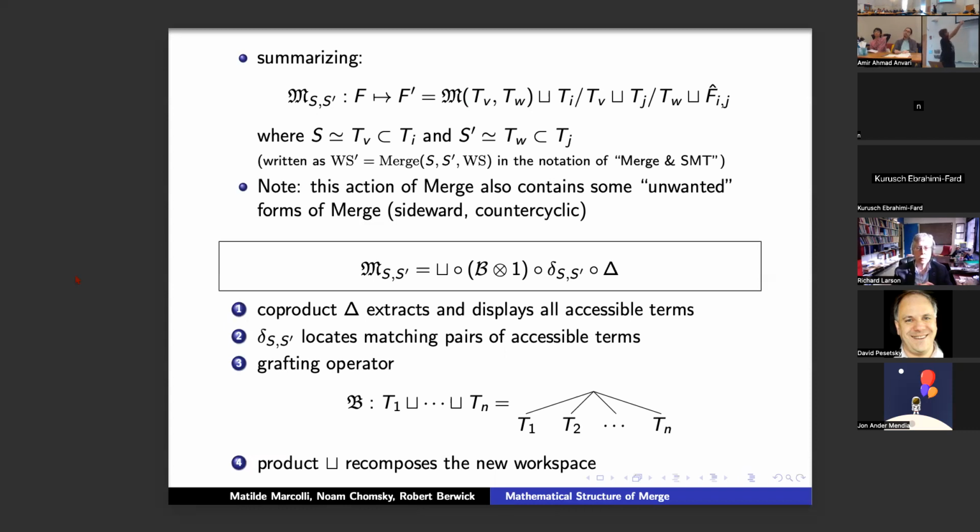So I start at the very end. The first thing that I'm doing is applying the coproduct of the algebra. Why do I do that? Because that produces the entire list of all the accessible terms of the workspace. When I start with the workspace, I have the components, but I hit it with the coproduct, and the coproduct produces for me the entire list of the accessible terms.